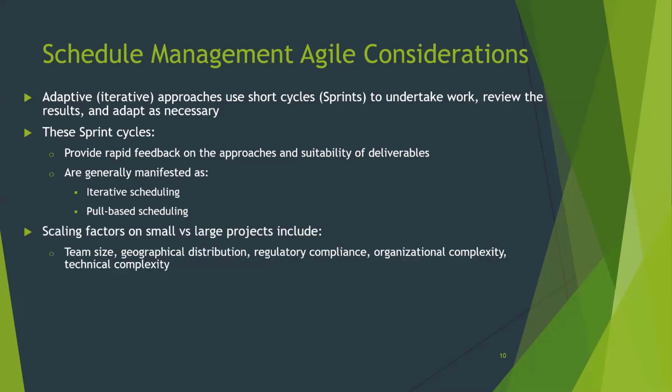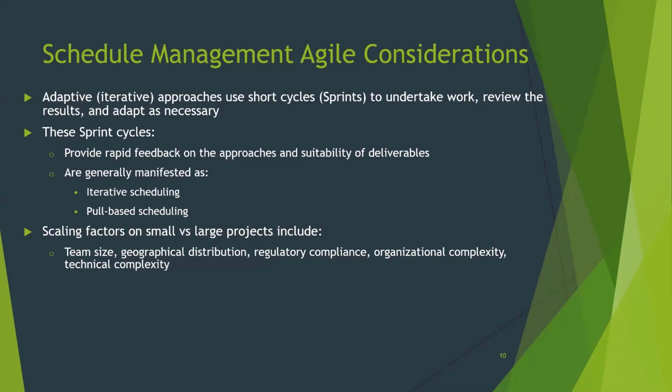Scaling factors include team size, geographical distribution, regulatory requirements, organizational complexity, and technical complexity. As you alluded to earlier, team size might dictate how well you're going to adhere to this. Team size has to do with the number of resources that you have working on the requirements that you're trying to deliver, and what their geographical distribution is.